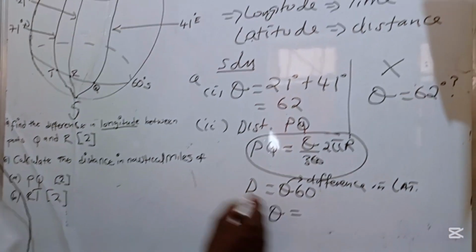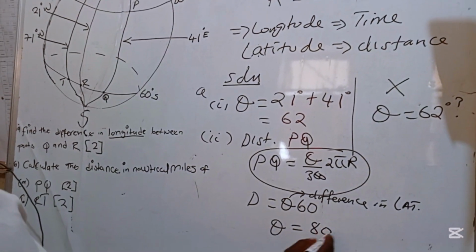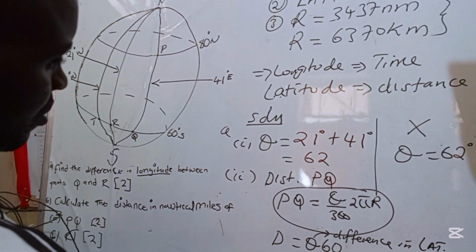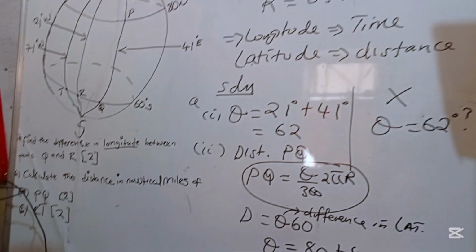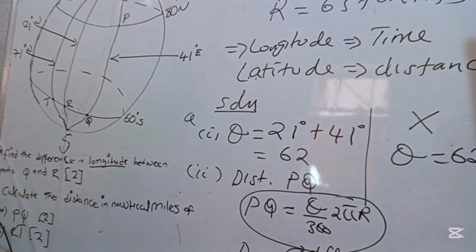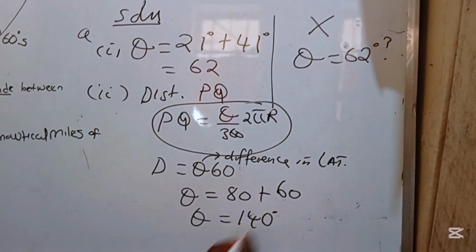You agree with me that P is on 60 north, and Q is on 60 south. Of course, the theta I'm going to have is 140 degrees.